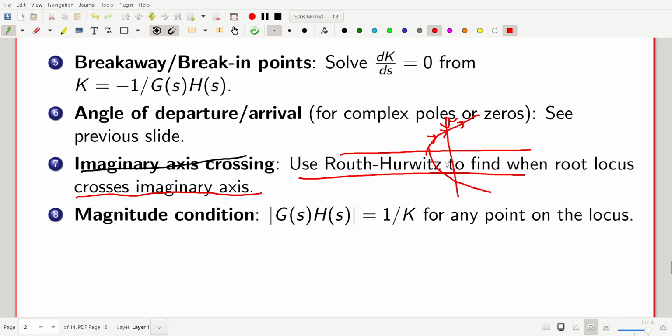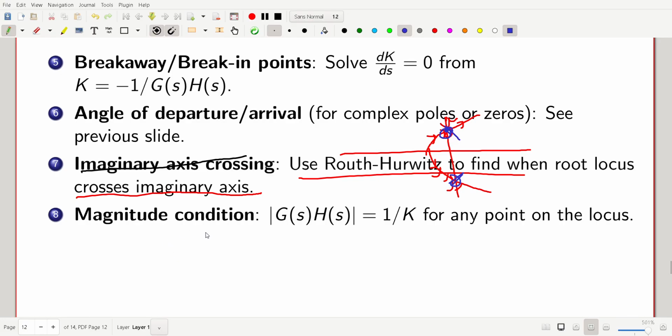If it crosses like that, then this point, this point, we can find using the Routh-Hurwitz criterion, because at that time a row of the Routh array will be zero, right? Anyway, we will discuss these things also.